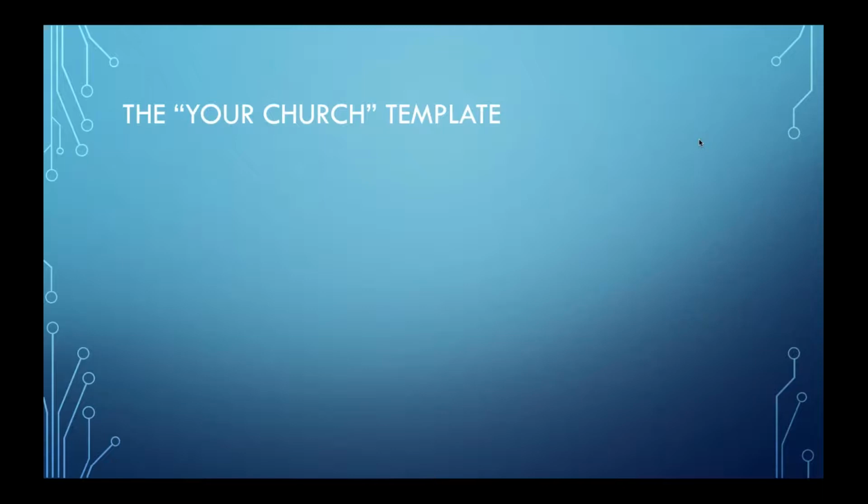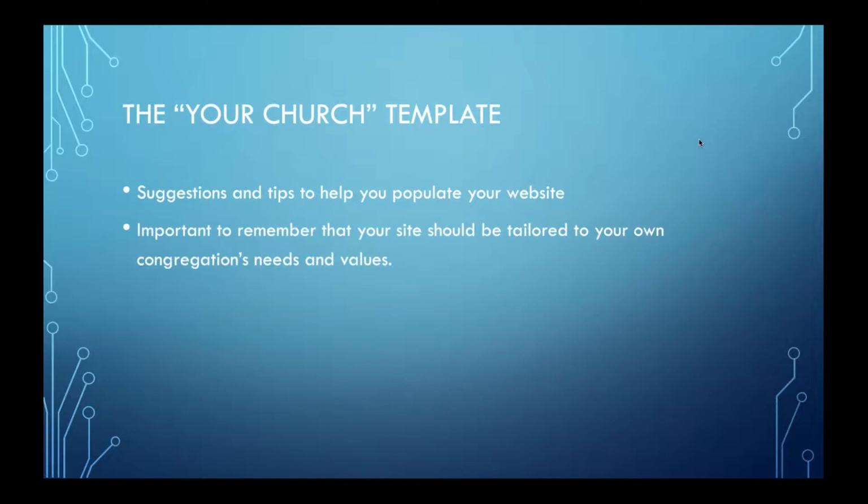You know, we have a landing page and we have a contact page. Do we need anything else? The short answer is no, you don't. If you say what you need to say in just a couple of pages, that's fine. But if you're looking for more, the Your Church template might be something that can help you out, with suggestions and tips to help you populate your website.